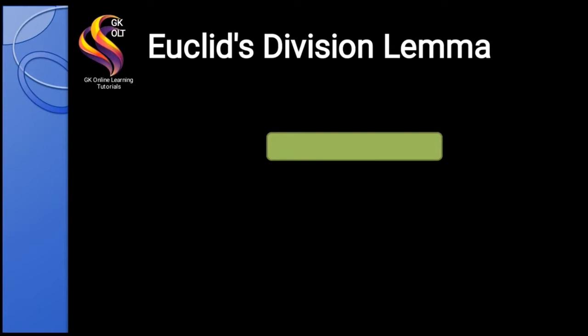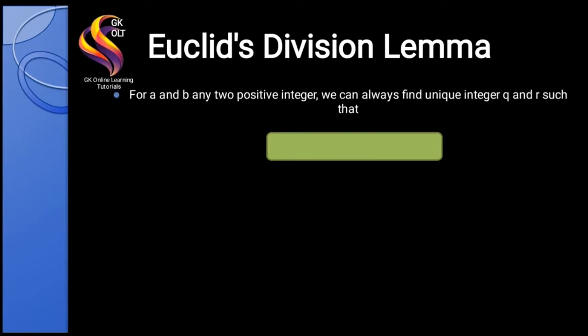So the theorem of Euclid's division lemma states that for a and b, any two positive integers, we can always find unique integers q and r such that a equals bq plus r, where 0 is less than or equal to r, that is 0 ≤ r < b.